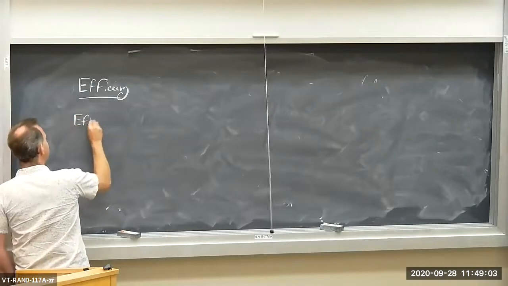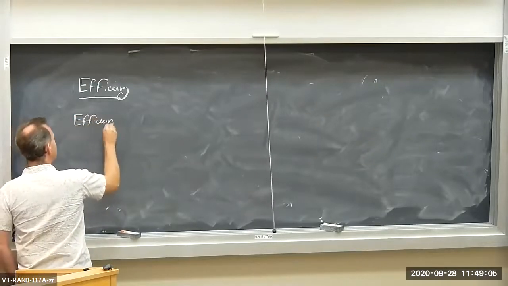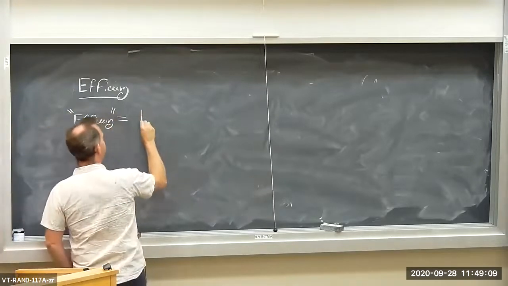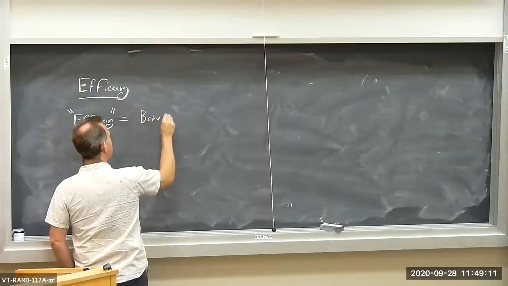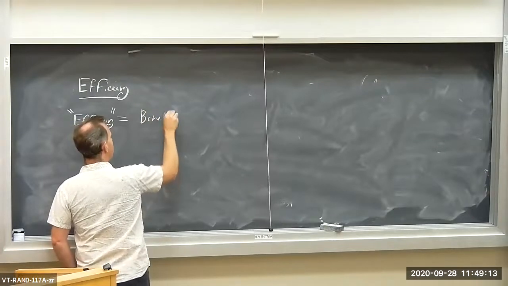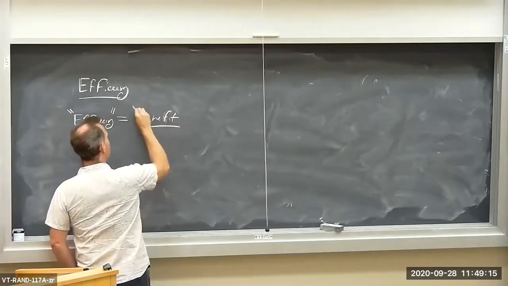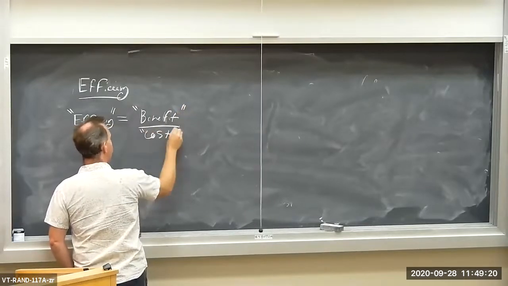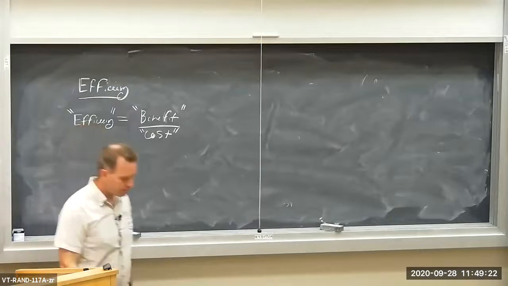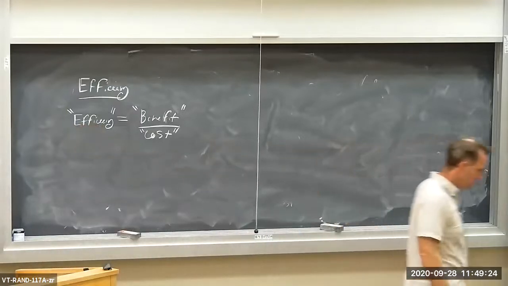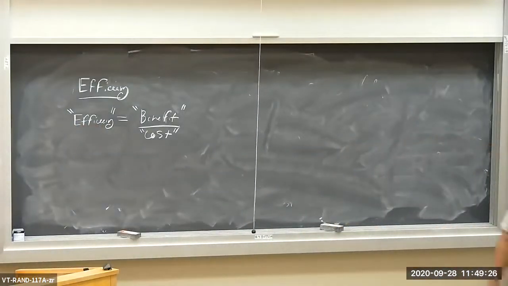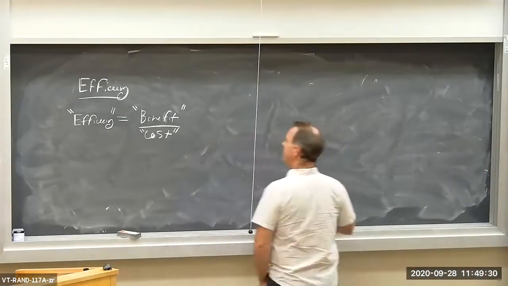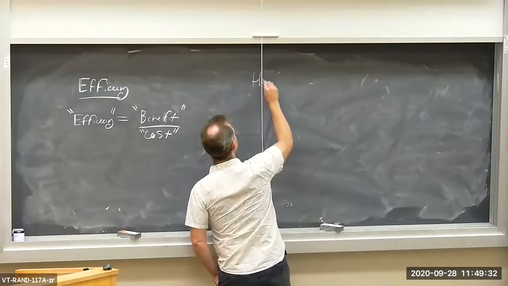So efficiency, in general, is some kind of a benefit over a cost. A benefit over a cost. Now, let's apply this to a heat engine. So what is a heat engine again?